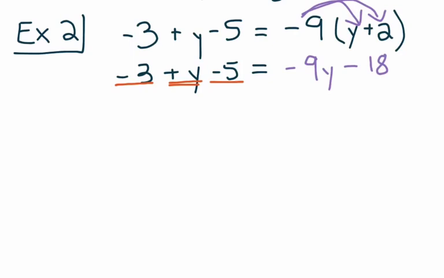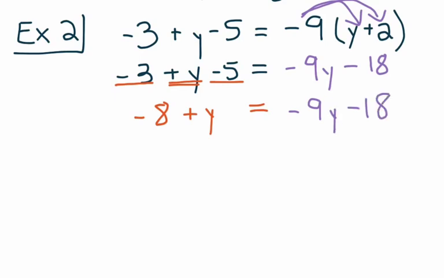That means negative 3, I'm going to ignore this plus y. I'm just going to say in my head, negative 3 minus 5. Negative 3 minus 5 will give me negative 8, and I bring down my plus y. Keep my equal signs aligned, and I bring down what I have over on the right side.